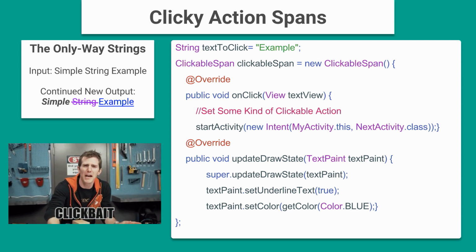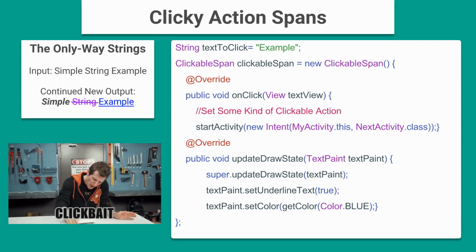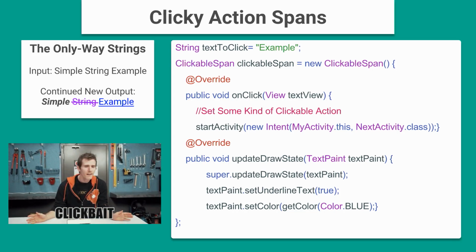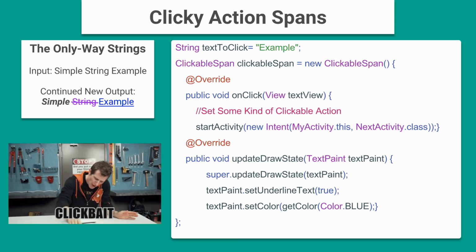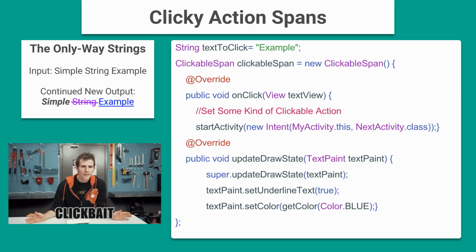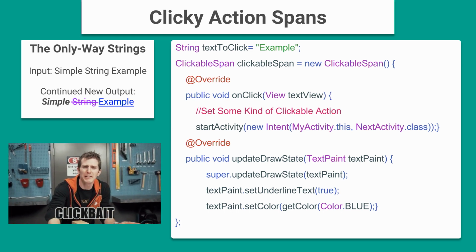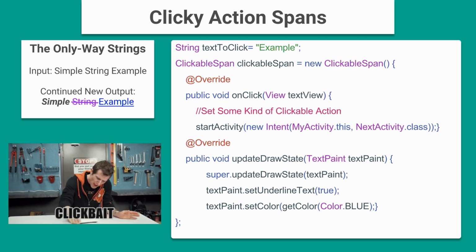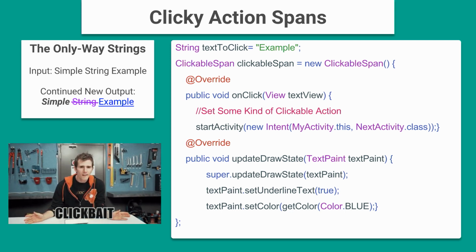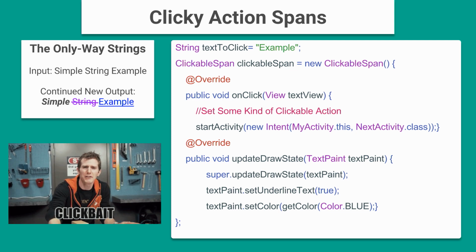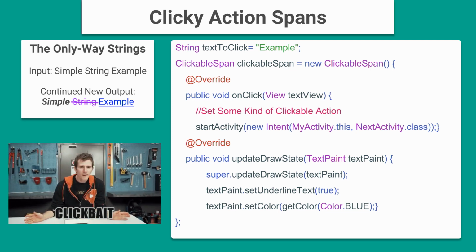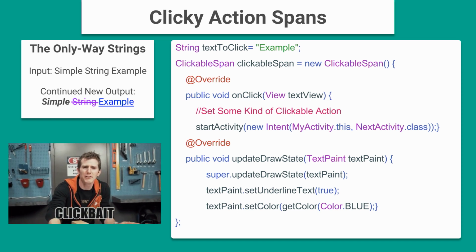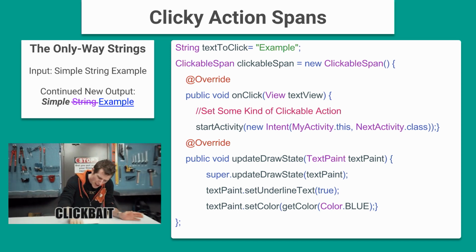But what else I get here is I can update the draw state. So as part of what I actually put in there, I just say clickable span, and I don't need to put anything in the constructor. But I can say that I want the text to be underlined, and I can set the color. So that's a one-liner. Instead of having to make multiple spans and multiple span objects, you can just make it in a single piece, right?